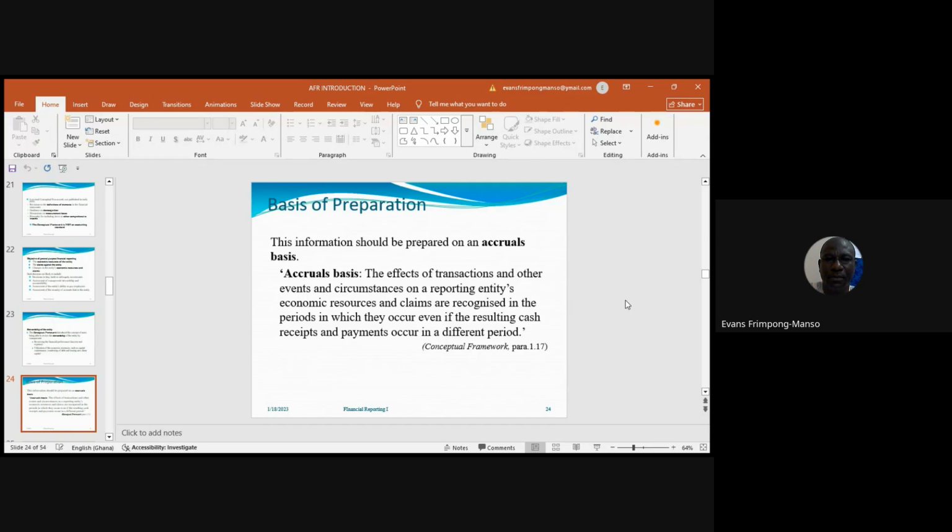One, we have the accrual basis assumption, and then we have the going concern basis assumption.